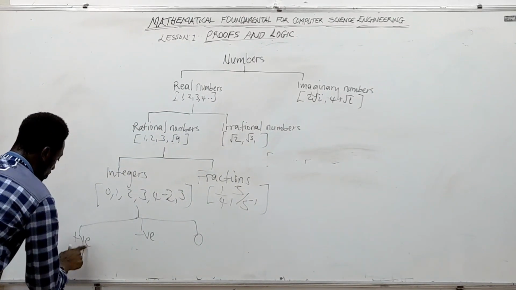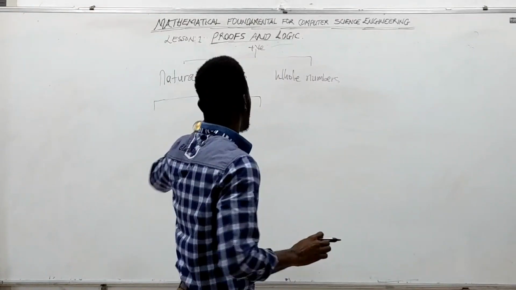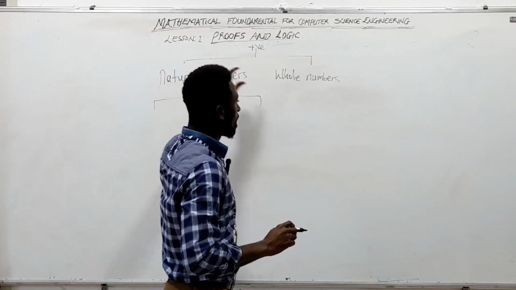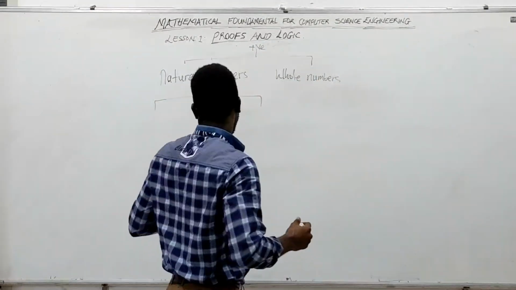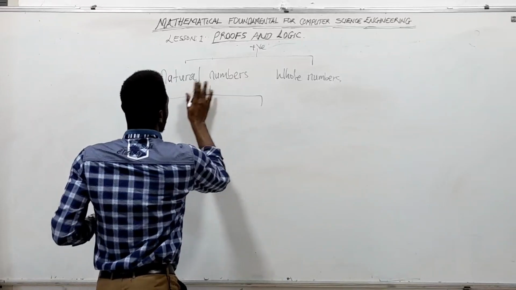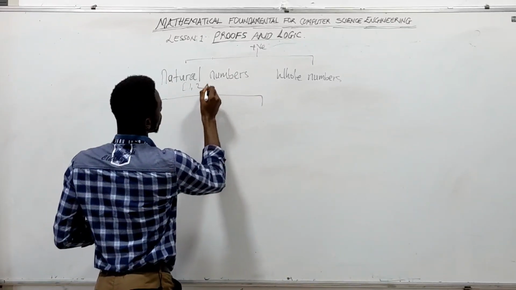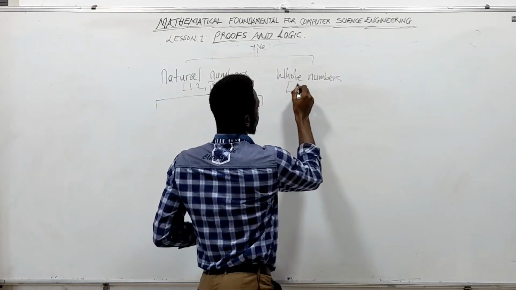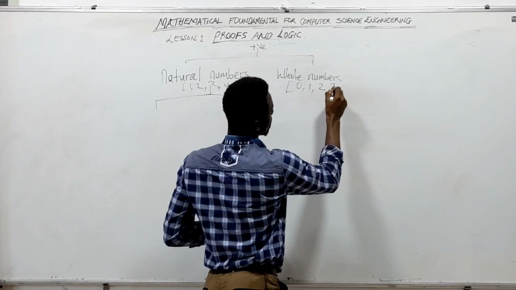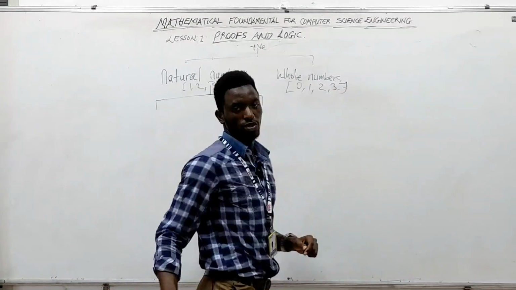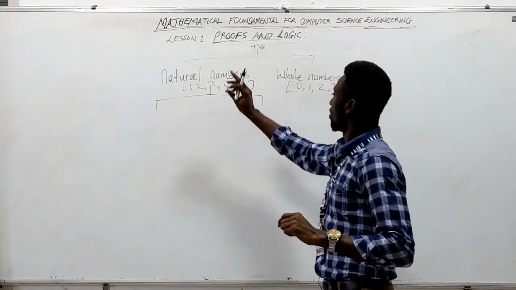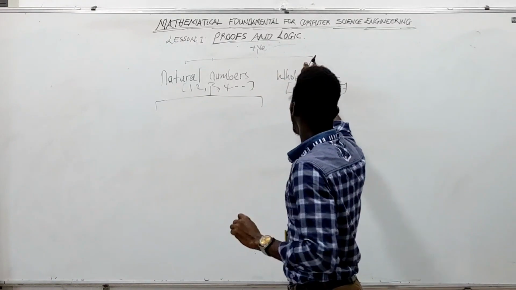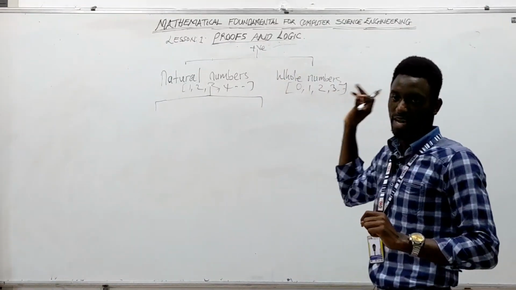Positive numbers are further divided into 2. We have natural numbers and whole numbers. Natural numbers are numbers that start from 1, 2, 3, 4, and so on. Whereas whole numbers start from 0, 1, 2, 3, and it continues. So the difference here is that natural numbers have no 0 in them, but whole numbers start from 0 and all positive values.